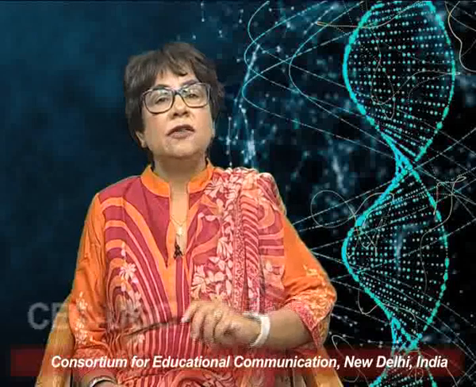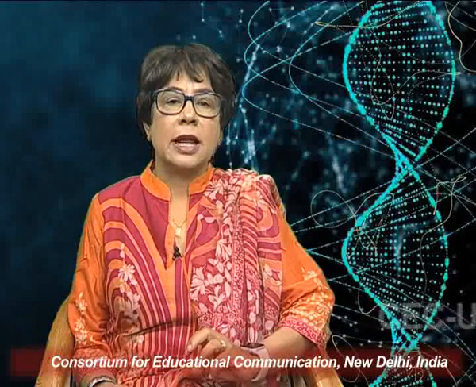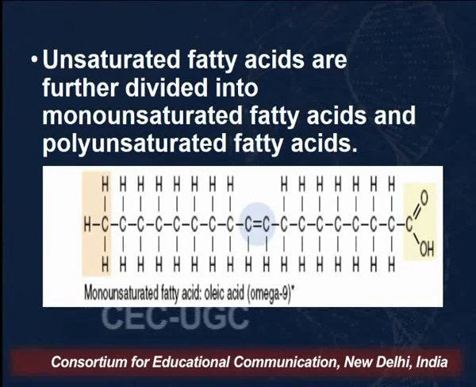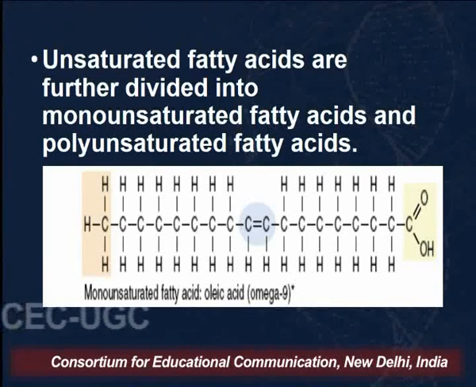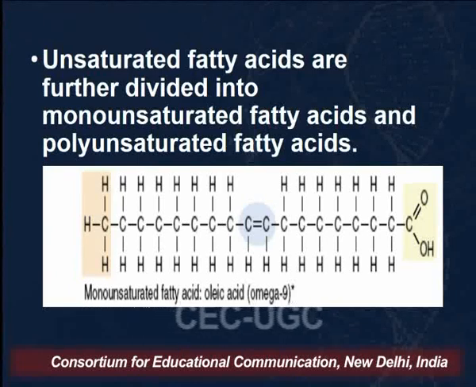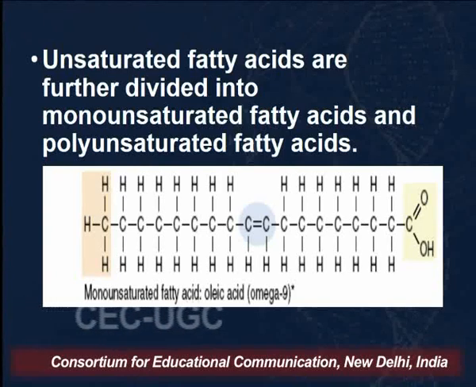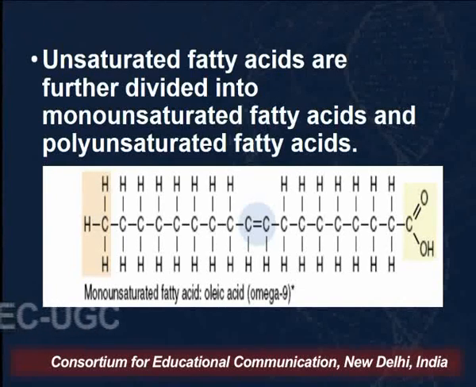Now, unsaturated fatty acids are found in foods from both plant and animal sources. As you can see on your screens, unsaturated fatty acids can be further divided into monounsaturated fatty acids and polyunsaturated fatty acids. Here I have taken an example of a monounsaturated fatty acid, oleic acid.